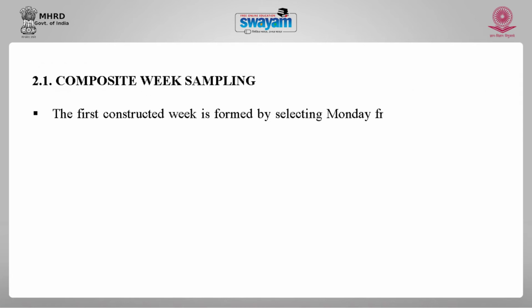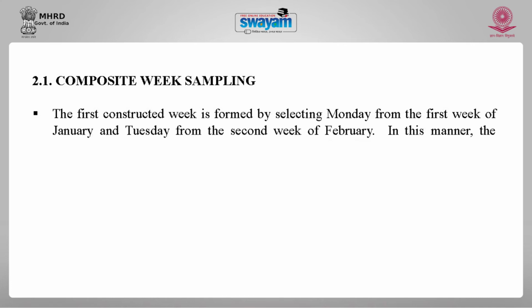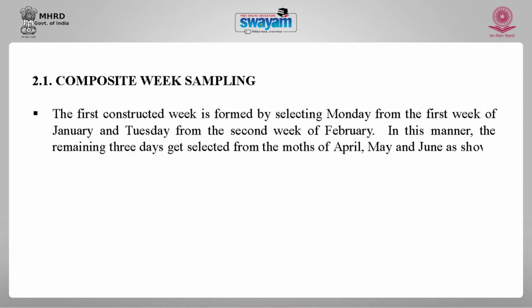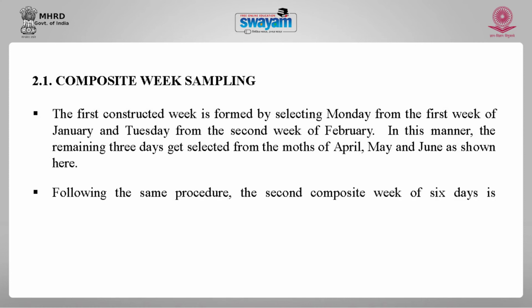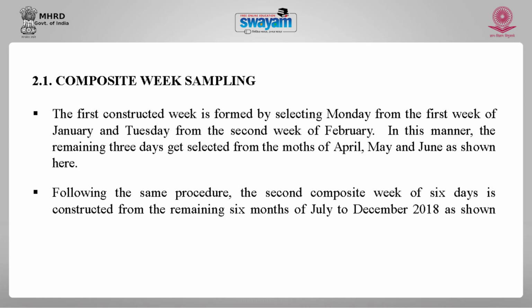The first constructed week is formed by selecting Monday from the first week of January and Tuesday from the second week of February. In this manner, the remaining 3 days get selected from the months of April, May, June as shown here. Following the same procedure, the second composite week of 6 days is constructed from the remaining 6 months of July to December 2018 as shown here.